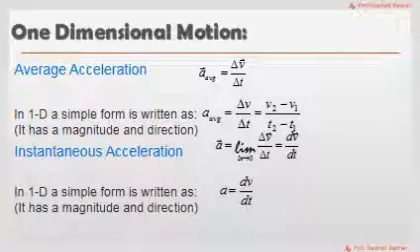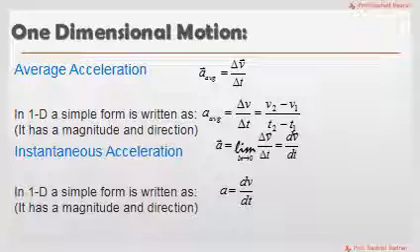We define the average acceleration in 3 dimensions as the change in velocity divided by the time interval. Obviously, in 3 dimensions and in Cartesian coordinates, we're going to have 3 components of this acceleration, and as a vector quantity, this acceleration has a magnitude and direction.